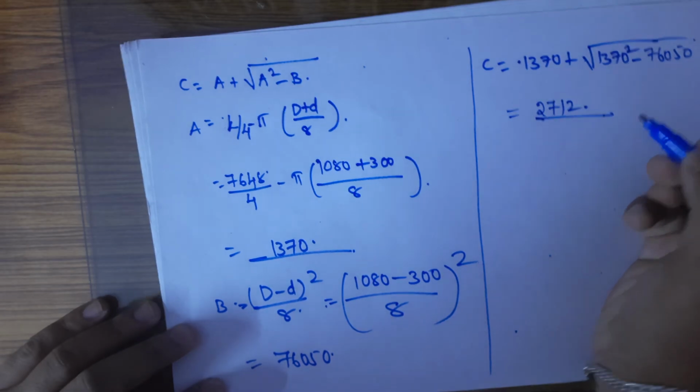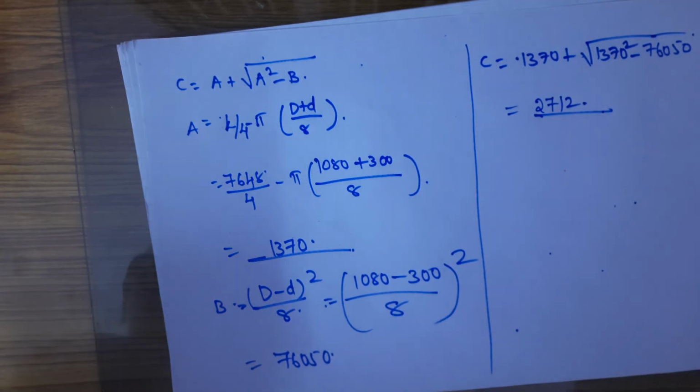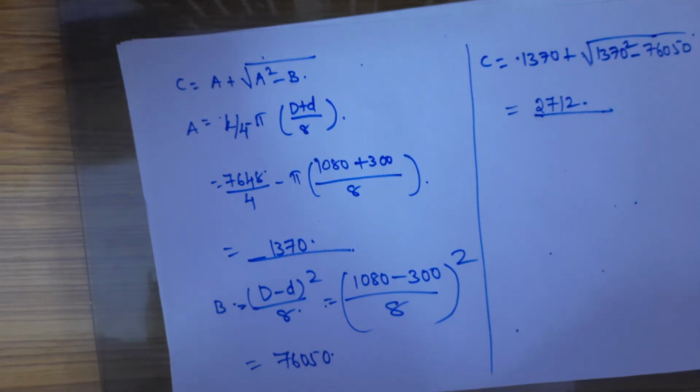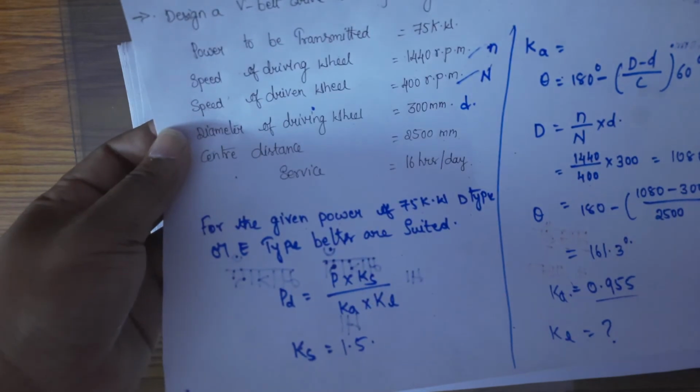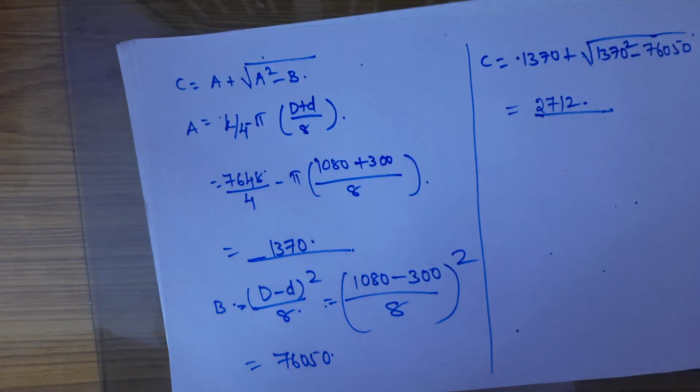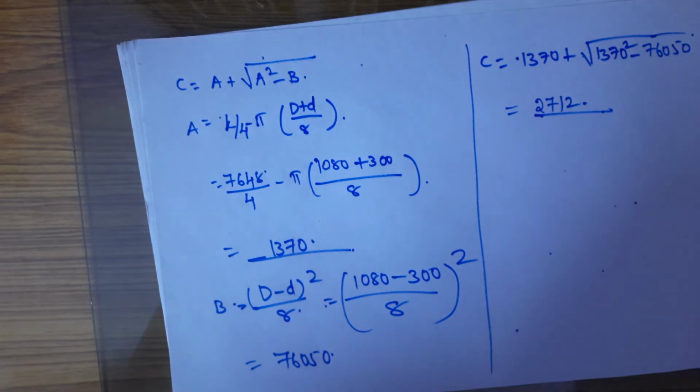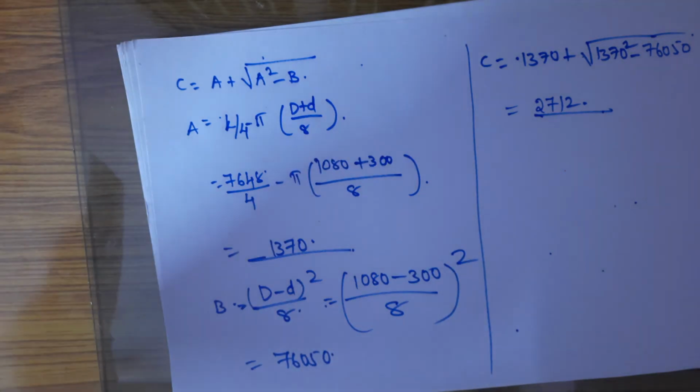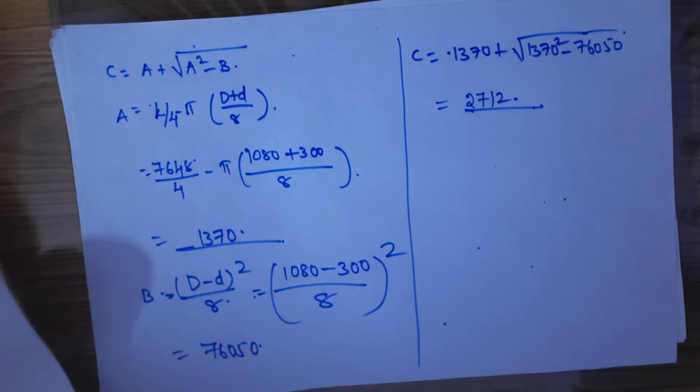Okay, so that is the value that we have to change. So what is the actual center distance? That is 2500. Okay, so what is the changed center distance? That is 2712.